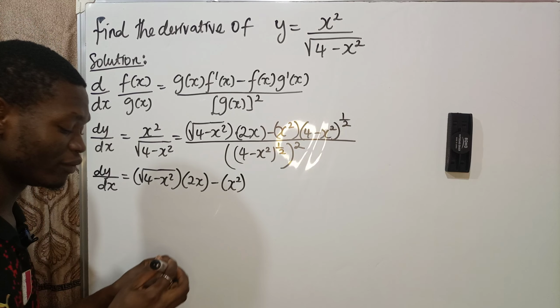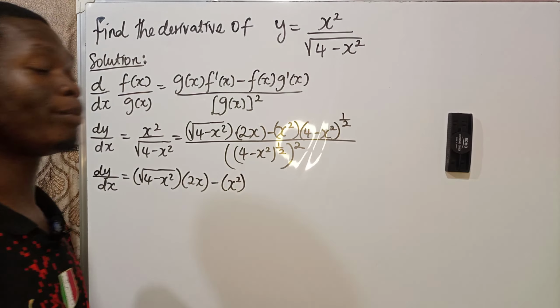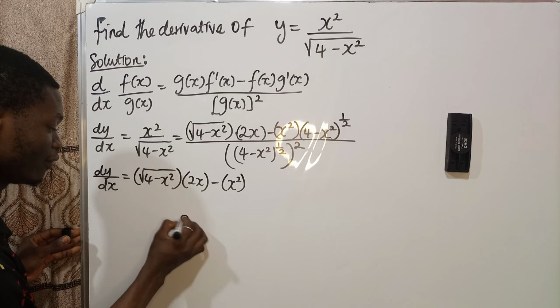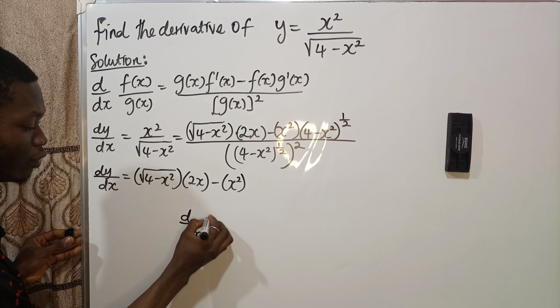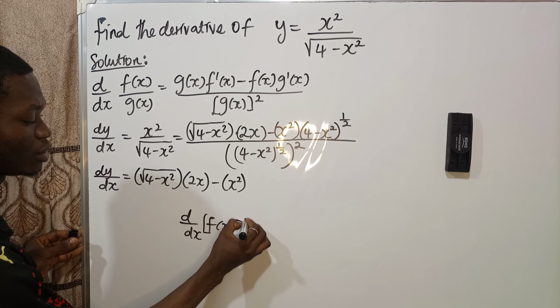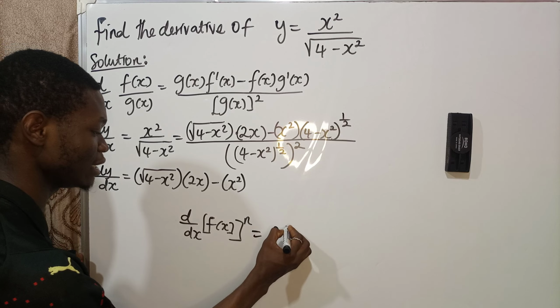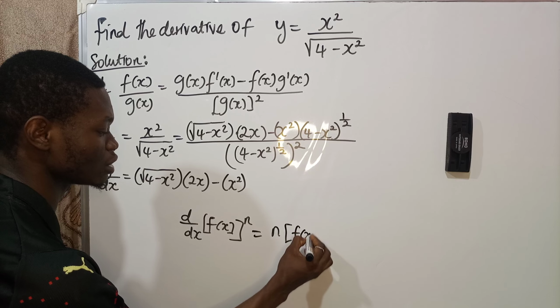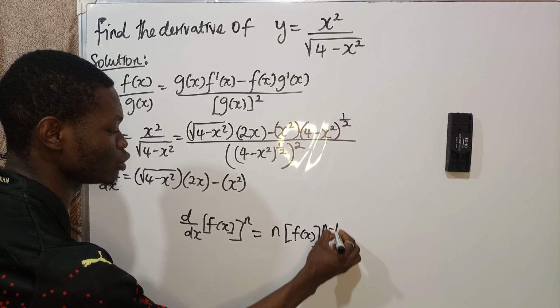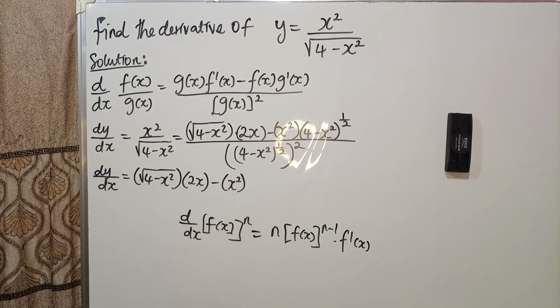Then finding the derivative of this, there is one formula in differentiation, the power rule combined with the chain rule. If you have the derivative of f of x raised to the power of n, you are going to have n times f of x to the power of n minus 1, times the differentiated f of x. We are going to apply it here.